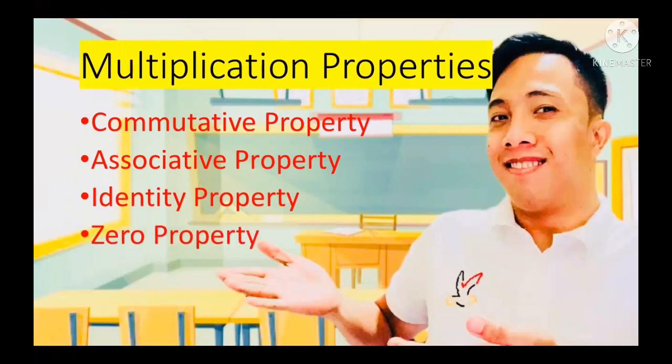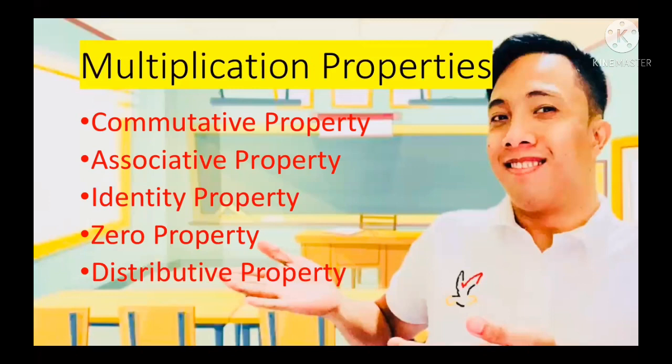Zero property. And distributive property. So those 5 are the multiplication properties that we will learn today.